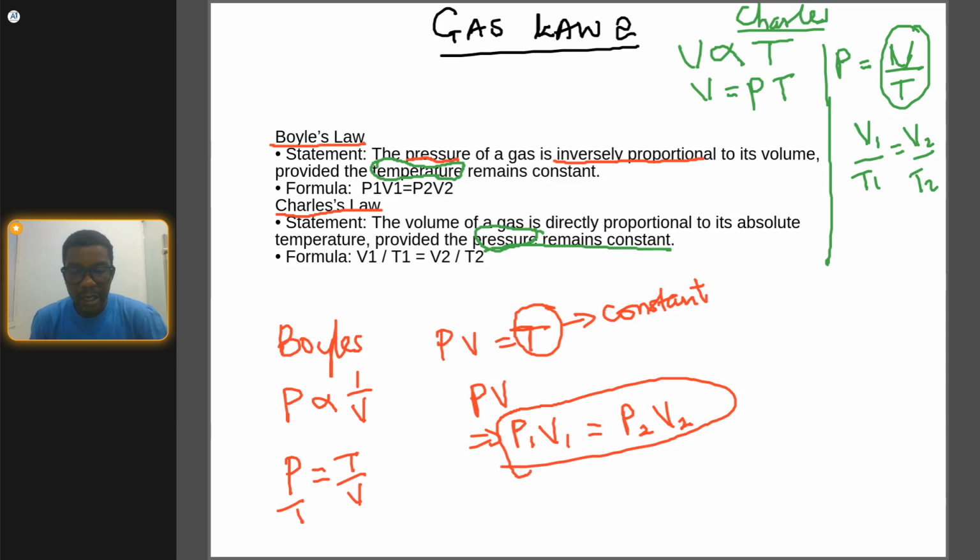Let's consider Gay-Lussac's law also. That's another law under the gas laws. Let's see what the law says.